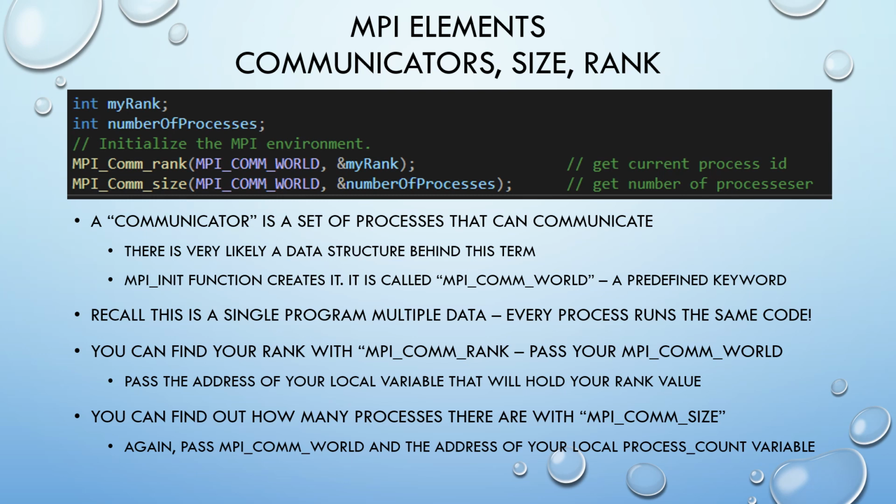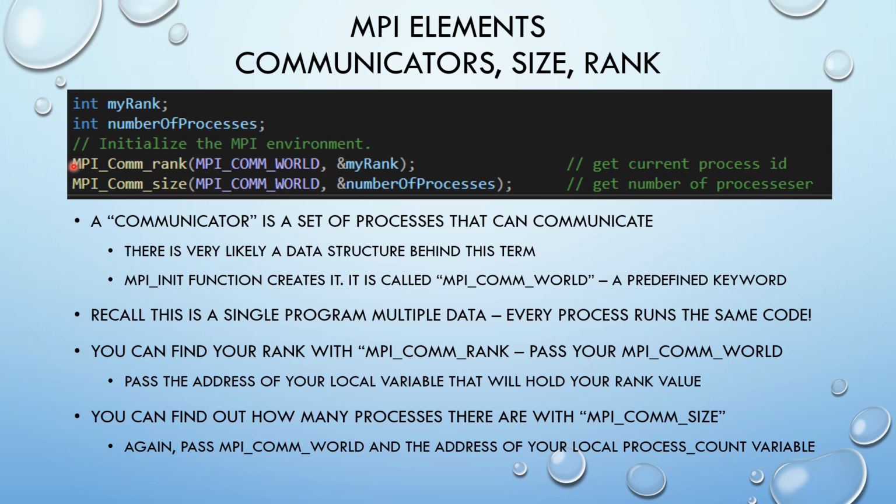It's going to list all the addresses, how to send data back and forth from one process to another. It's all hidden, thankfully, because we don't want to have to manage all that. So the communicator is predefined for us as well. Once we initialize MPI, we can start using this variable name. It's a constant, MPI_COMM_WORLD, and that will refer to the communicator.